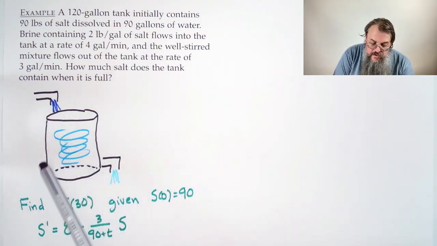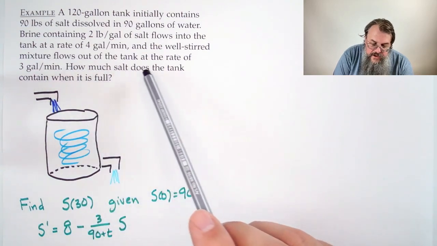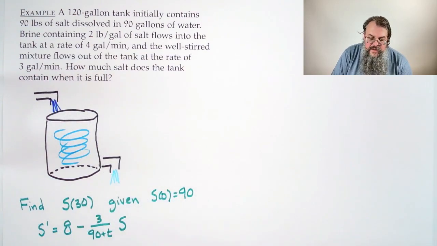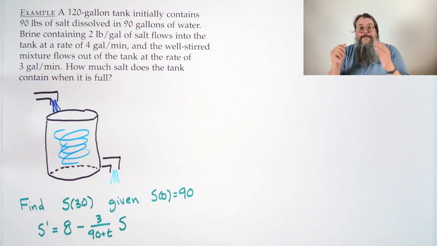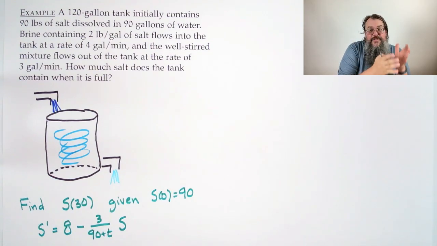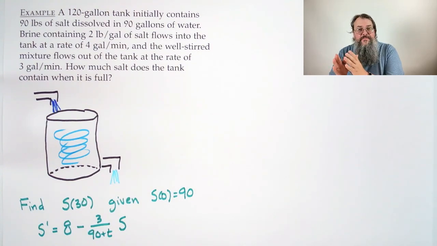And then it's well stirred, and then there's something flowing out of the tank at the rate of 3 gallons per minute, so that's down here. And so we say, okay, good. Now you'll notice I'm using different colors here, and that's to emphasize that the salt water coming in is different from the salt water going out.